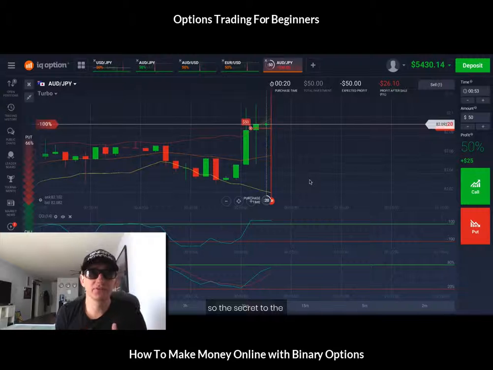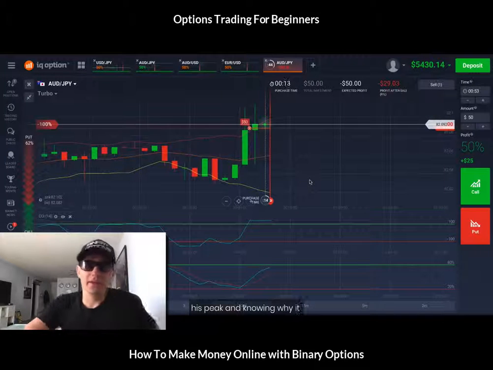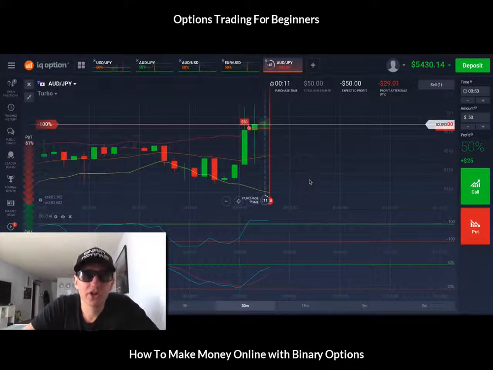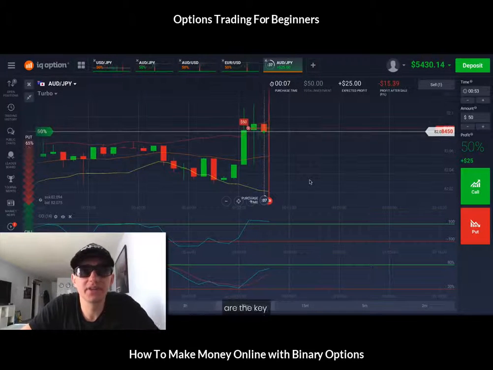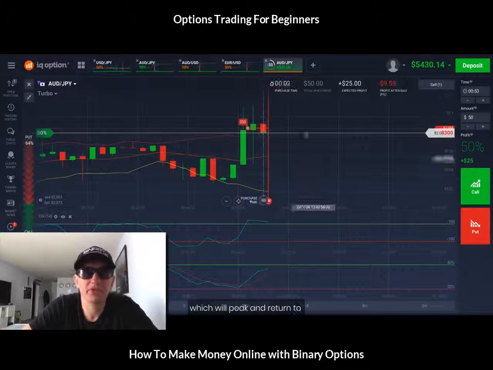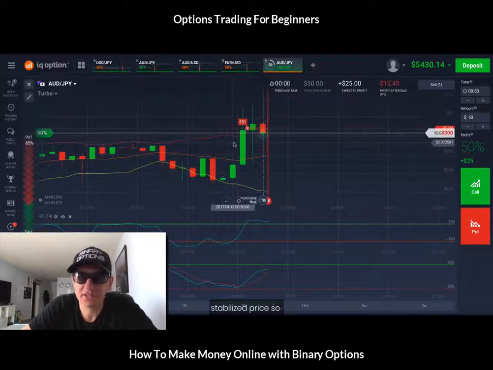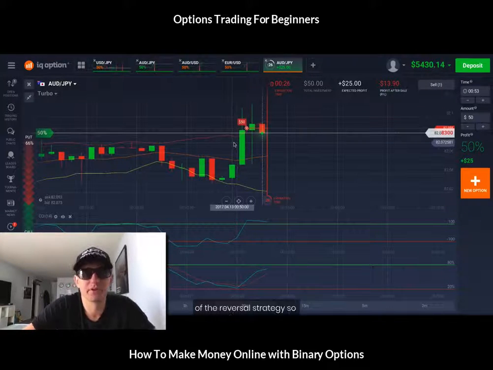So the secret to this success is identifying when the asset has reached its peak, and knowing why it changed, and using fundamental and technical analysis are the key to identifying why the asset will peak and return to its stabilized price. So this is the basics of the reversal strategy.